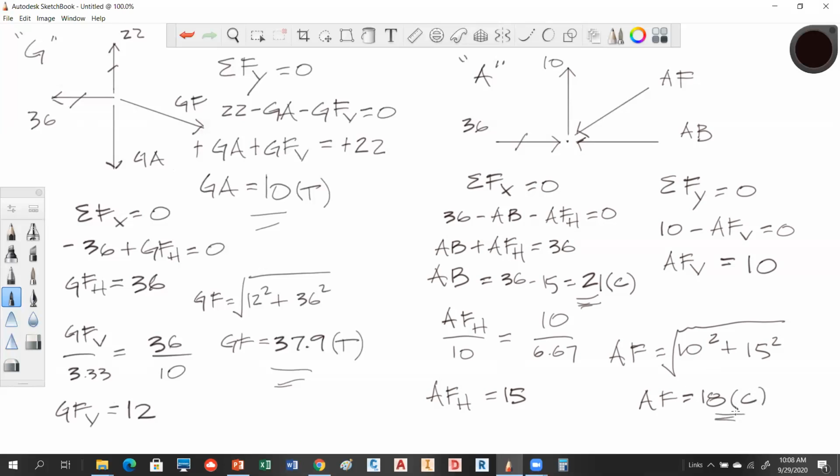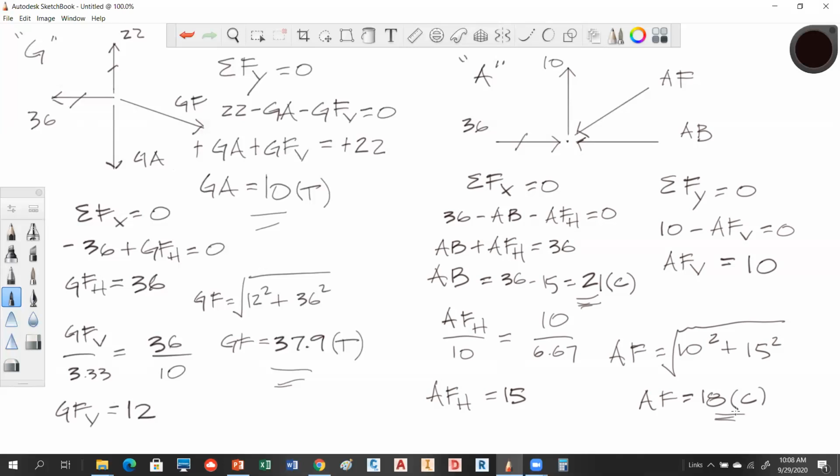So there are two joints done. If we go to B, we probably don't have enough to solve that, and we definitely don't have anything at E, F, or C. So your suggestion of going to D is probably a good one at this point.